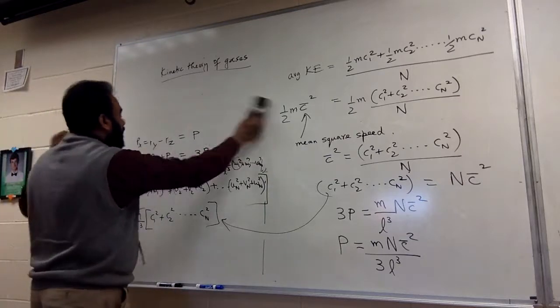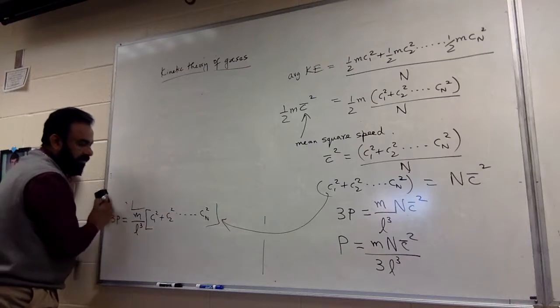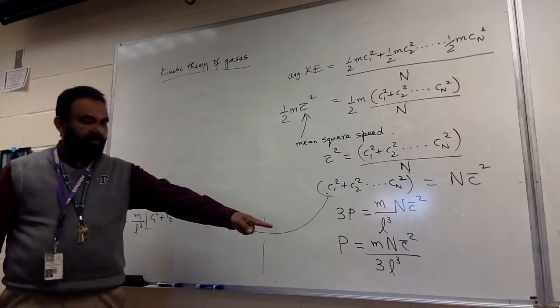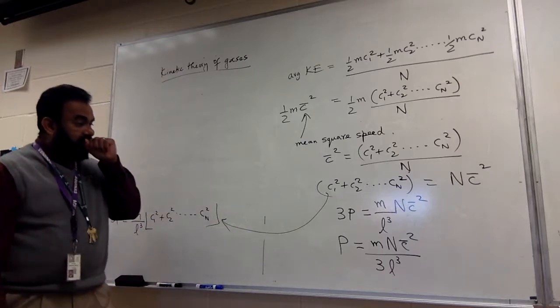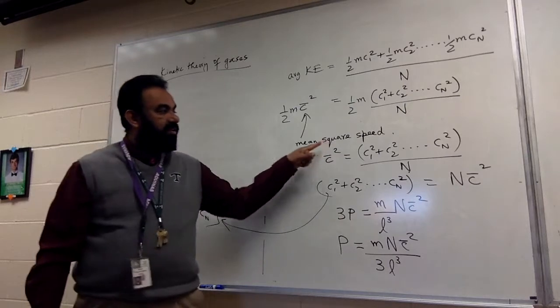We're almost reaching our final steps. C bar square is called the mean square speed.